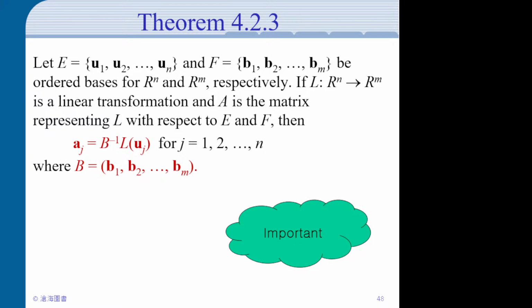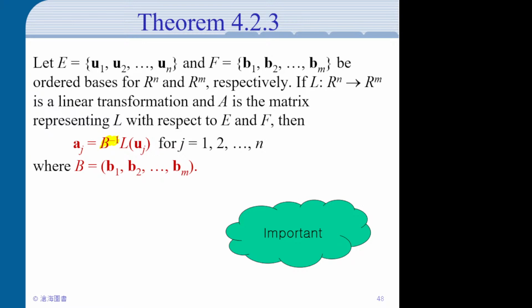That is, we have this B inverse. And we recall from chapter 3 before that we can change between coordinates. This is how you change the coordinates with respect to different bases in Rm, right? So this L of Uj, we write this as coordinate.